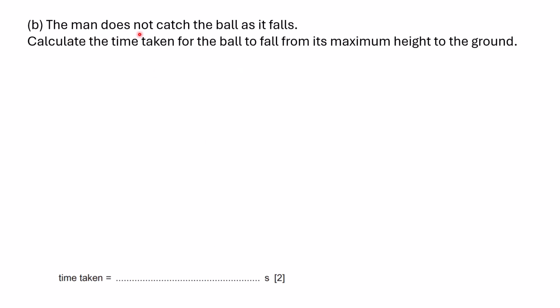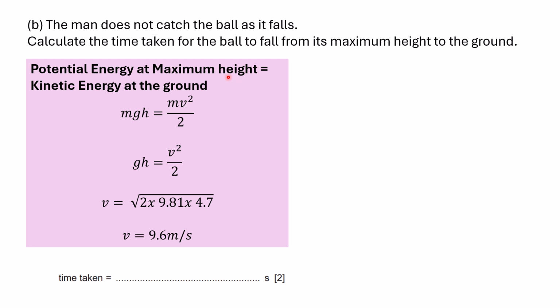Now the man does not catch the ball as it falls. Calculate the time taken for the ball to fall from its maximum height to the ground. I'm going to do something different. I'm using conservation of energy. So when the ball is all the way up, we have potential energy.